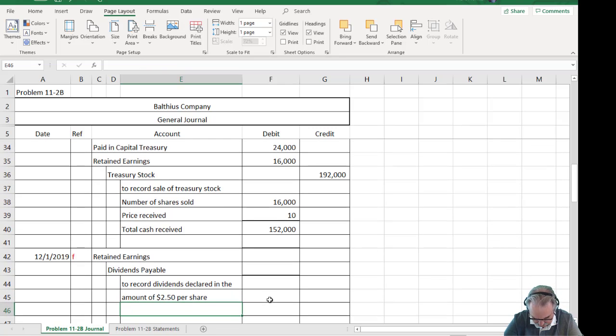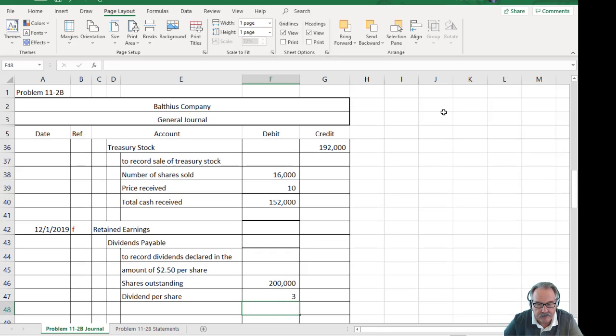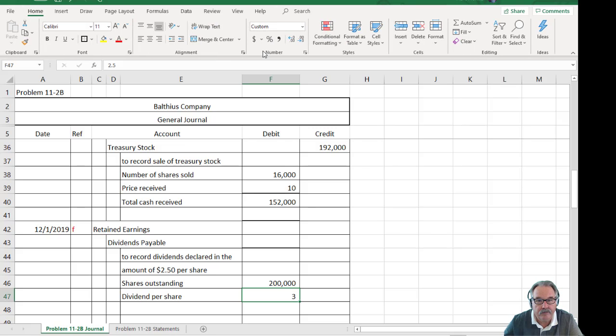So we have shares outstanding. We're back to the 200,000 because all of our treasury shares are now gone. Dividend per share is $2.50. Let's format that so it looks like $2.50.